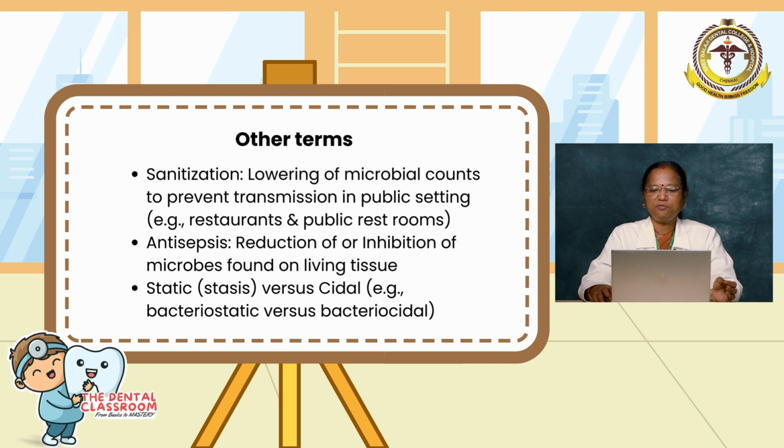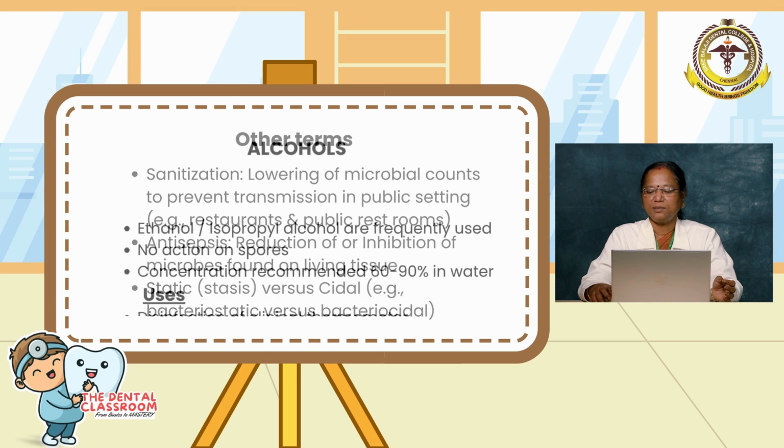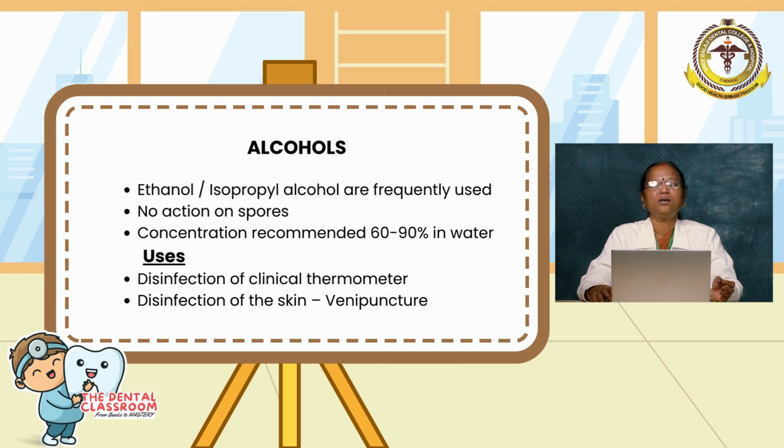We'll now see the different types of disinfectants based on chemical nature. Number one is alcohols. Alcohols are excellent disinfectants; the most frequently used are ethanol and isopropyl alcohol. But they have no action on spores, and the recommended concentration is 60 to 90% in water.